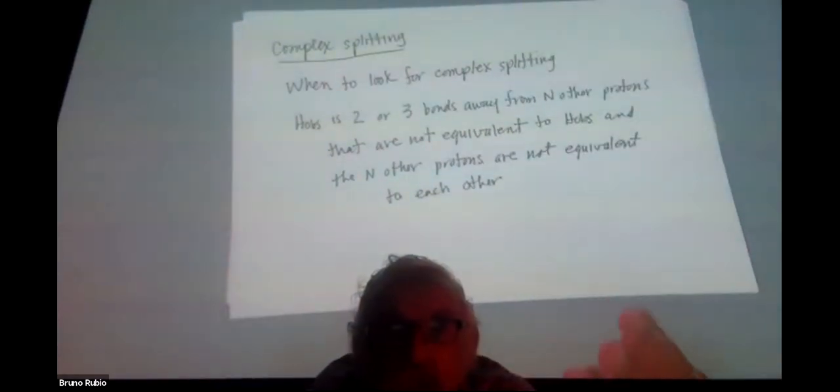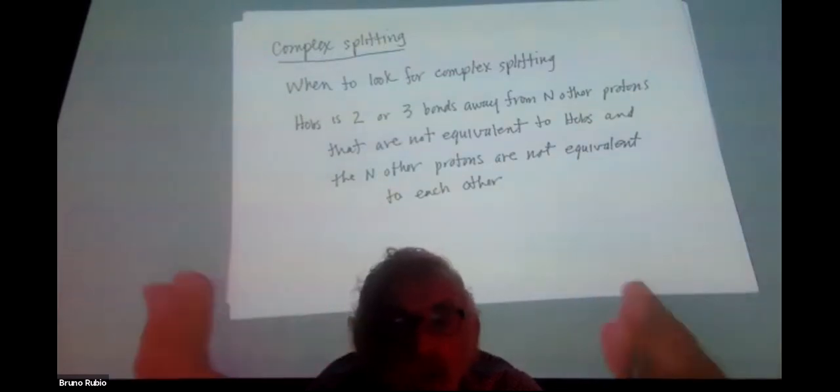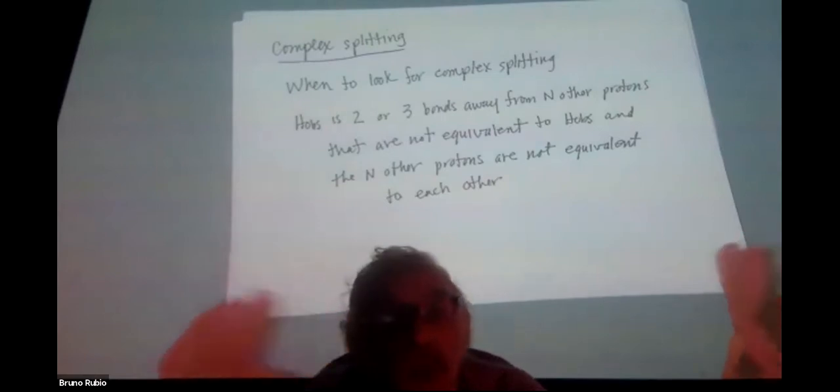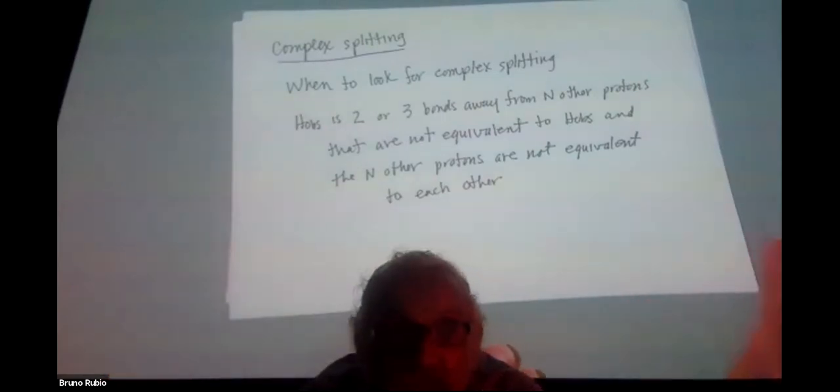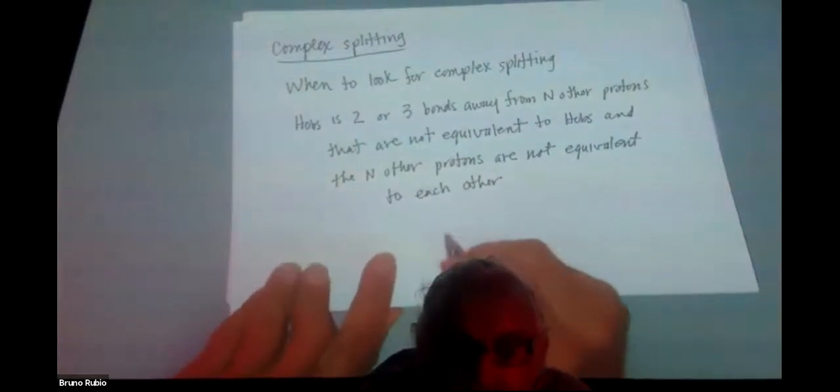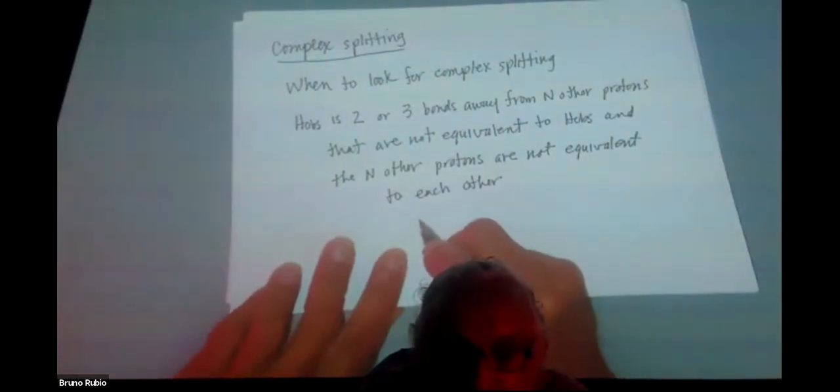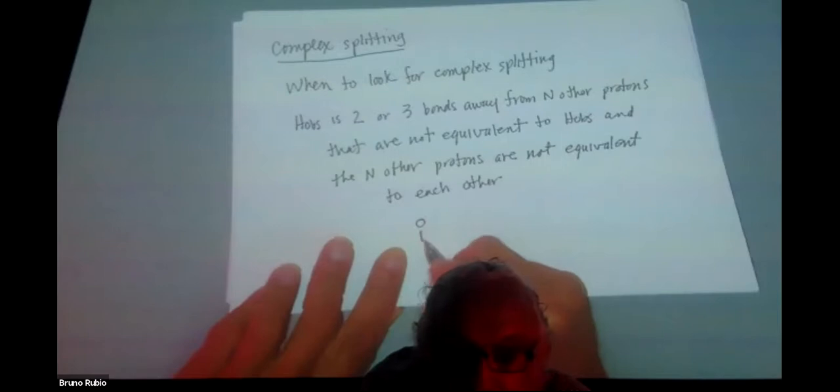We get n+1 splitting when the observed proton is 2 or 3 bonds away from n other protons, but those n other protons are all equivalent to each other. What happens when they're not all equivalent to each other? That's when we need complex splitting. So let's look at an example here. Maybe something like this.